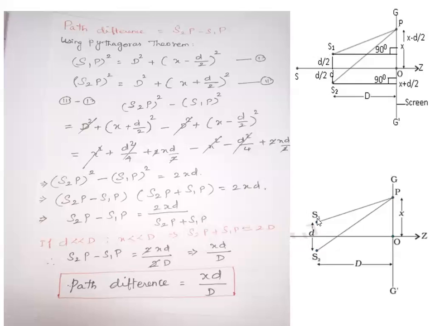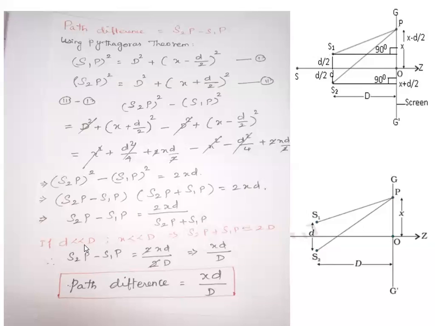So you can consider these S1 and S2. The distance d between S1 and S2 is very, very small, which you can consider as a 2 millimeter distance, for example. And if you keep a screen around 5 to 6 centimeters away, then this small d, the distance between slit 1 and slit 2, will be very, very less compared to the distance from the screen to the source.